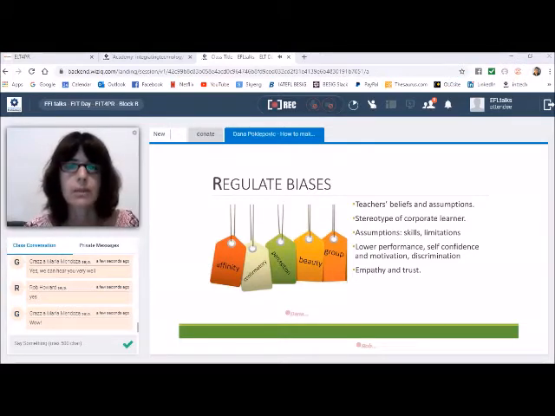What's the ideal corporate learner for you, or what's the ideal school learner for you? The one that has all the good marks, or the one that makes an effort to learn. Because of these stereotypes and beliefs and assumptions that we have, we make decisions based on them. We need to be aware when we make decisions on what grounds we are basing them.